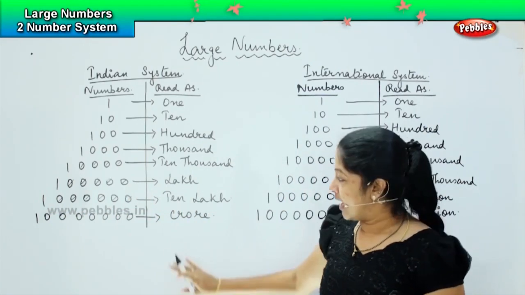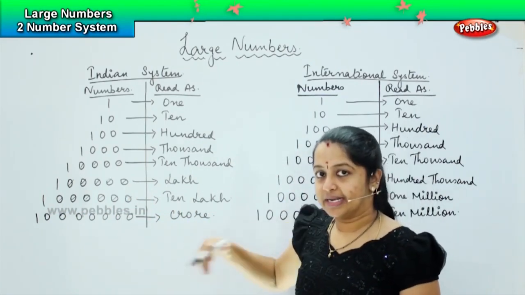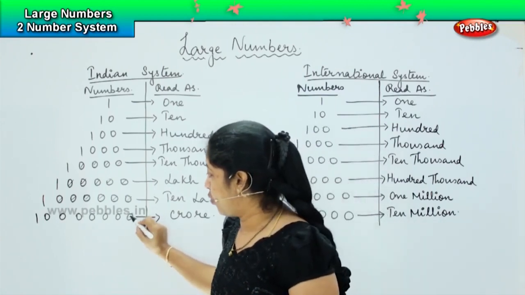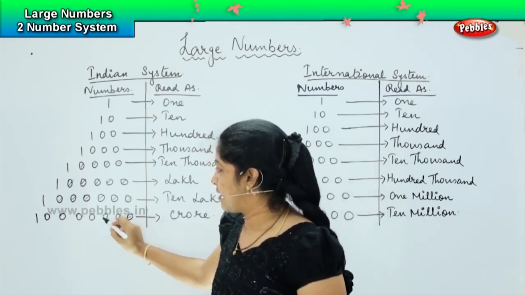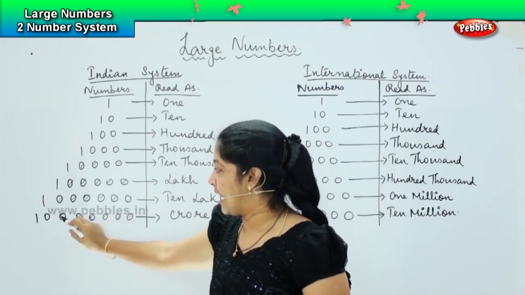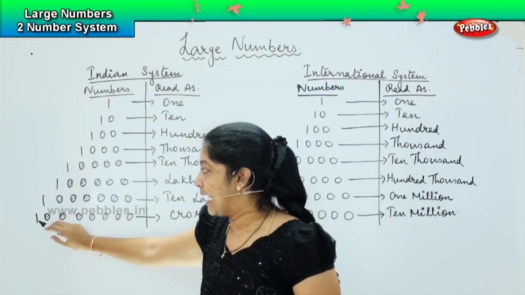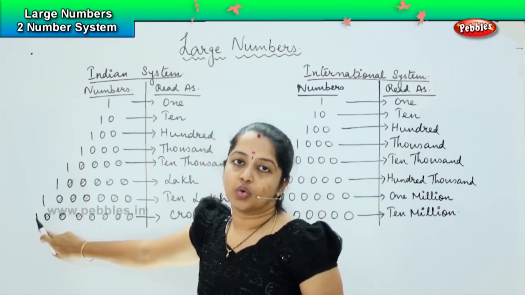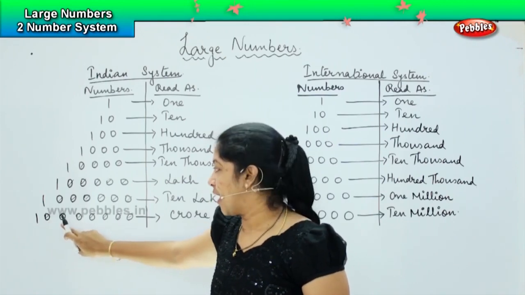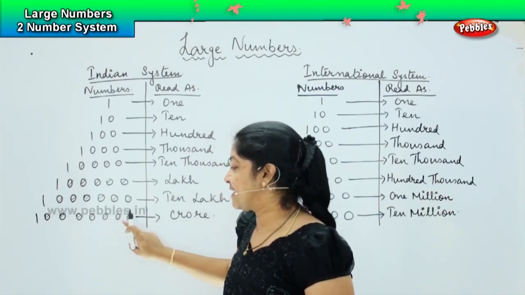Okay. Now the next one, after 10 lakh, what is the next value? So let's count: ones, tens, hundreds, 1000, 10,000, lakh, 10 lakh, and this is called crore. So 1 followed by how many zeros are there? 1, 2, 3, 4, 5, 6, 7.